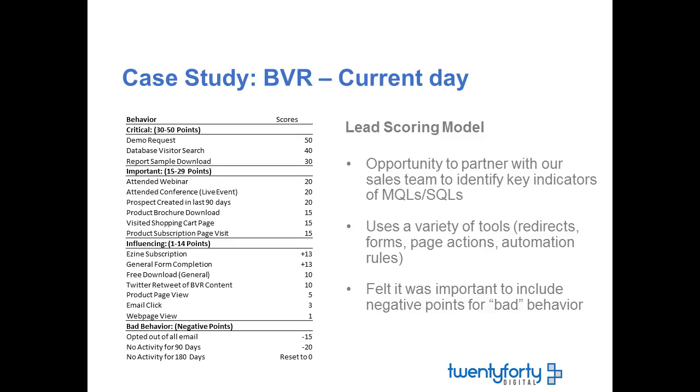So now, instead of trying to compare one activity to 15 different activities on the list, you're first choosing which category it belongs in, whether influencing, important, or critical behavior, and you're only having to compare it to that smaller sub-list of activities when you're determining the score.